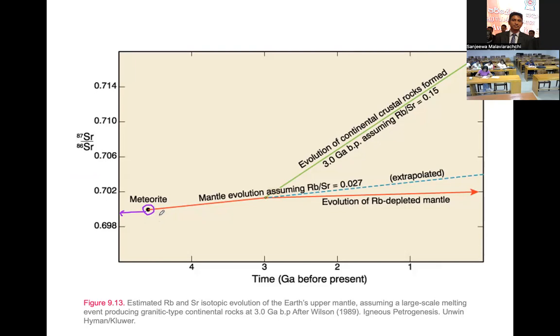After 100 million years or so from the initial planetary formation step, we had just the bulk silicate Earth, and then the core was separated. The core was separated after 100 million years.